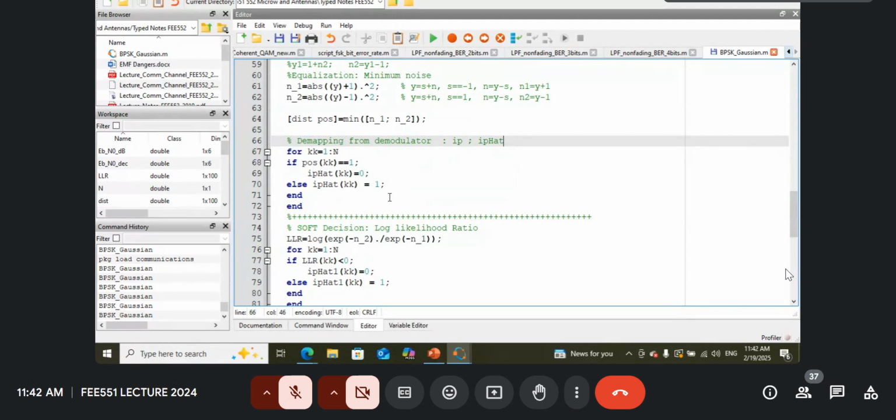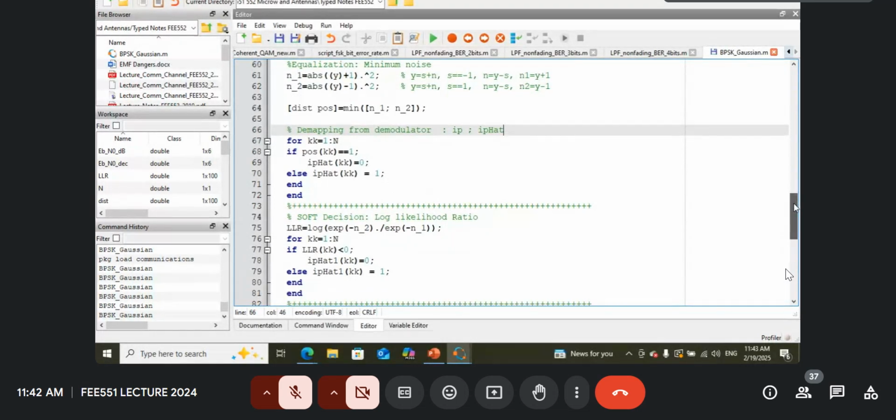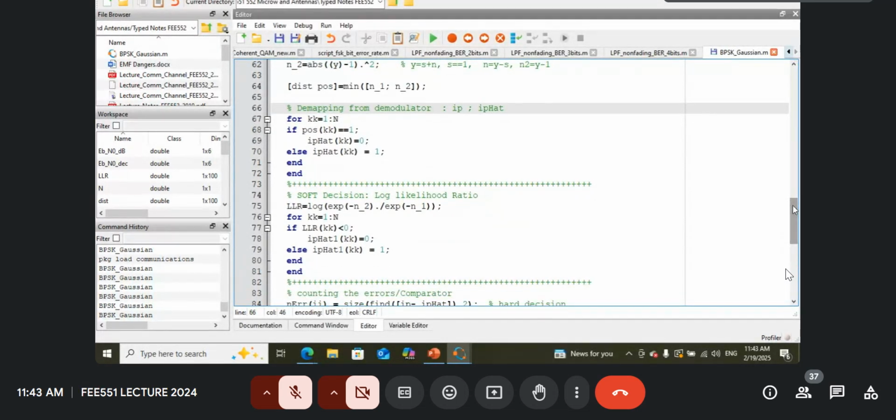Then you can also do soft decision, log likelihood ratio. It's the same, only that now you're adding some additional information. You want to get the logarithm of the Gaussian PDF itself.